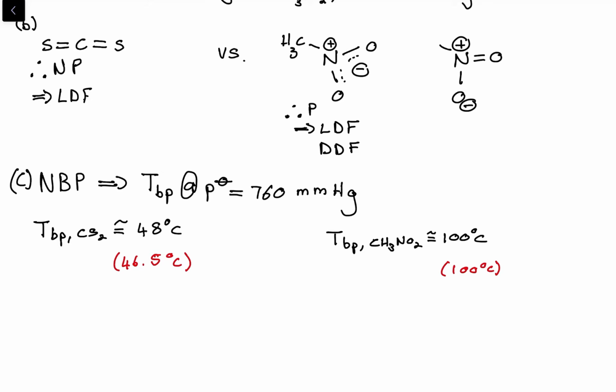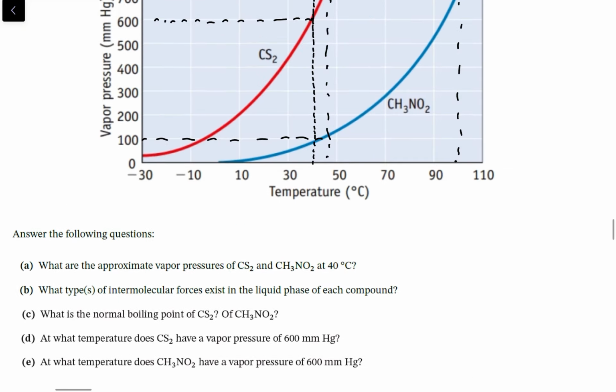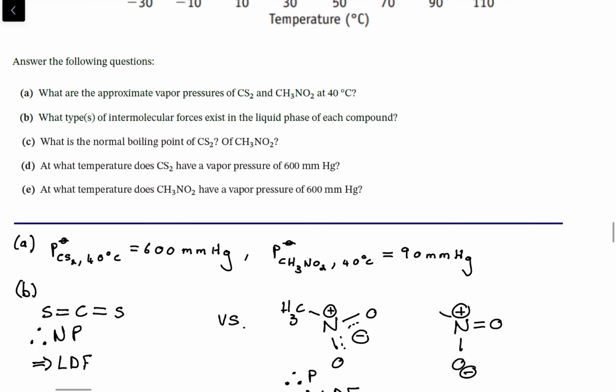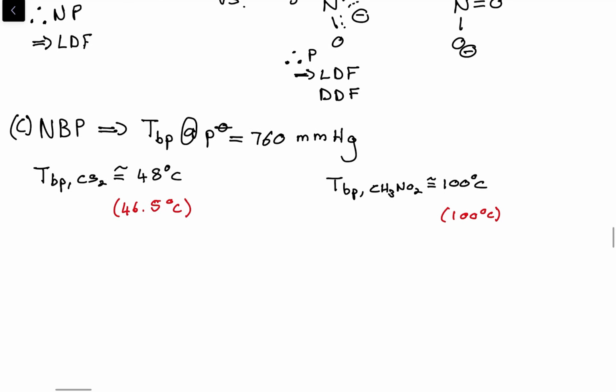By the way, the graph is constructed from experimental data, but we might struggle to see it exactly here. The teaching point is that the normal boiling point of a substance is defined at 760 millimeter mercury.